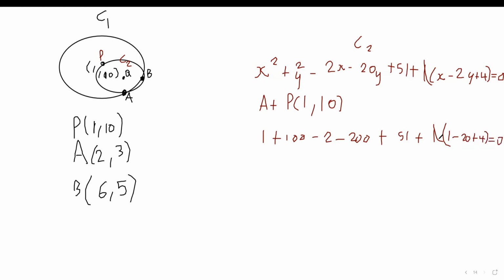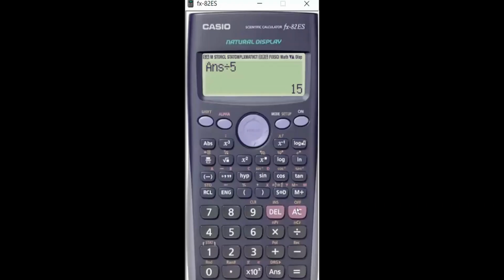All right. Working out all of this, I'll go for the calculator to save some time. It is 1 squared plus 10 squared minus 2 times 1 minus 20 times 10 plus 51.